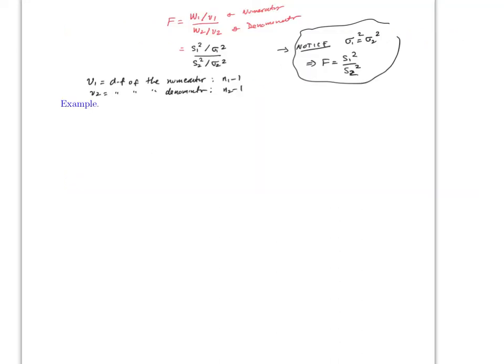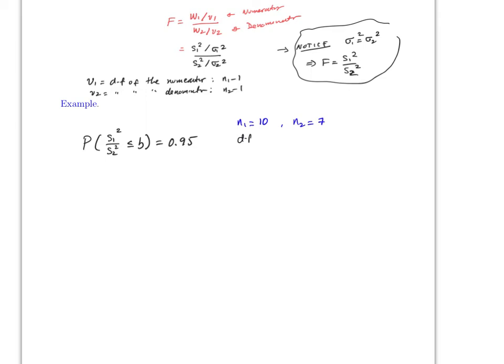Now, the F table provided at the back of the book is pretty annoying, so there is a better table, which I can post on Beachboard later. This is what I mean. Let's say we want to find the value for B such that the probability that S1 squared over S2 squared is less than B is 0.95, and let's say that N1 is 10 and N2 is 7.